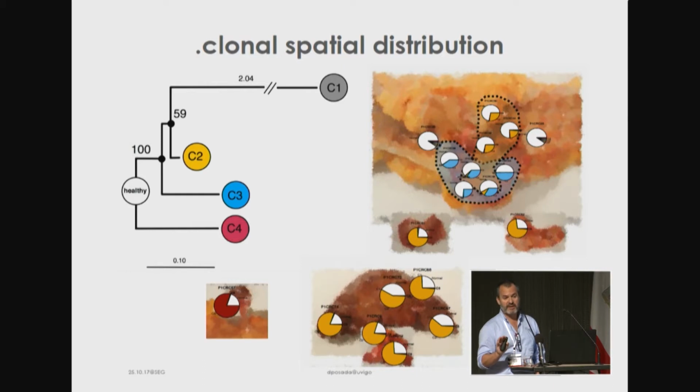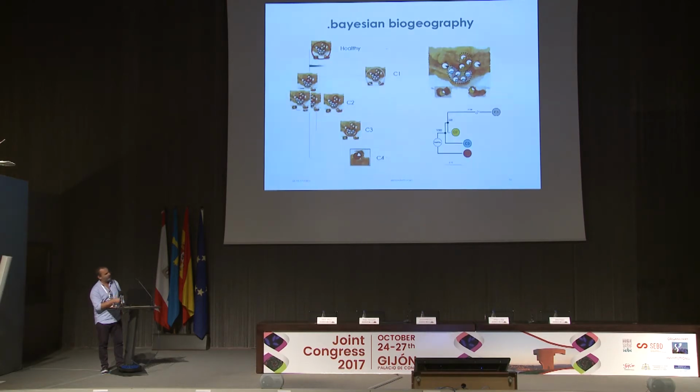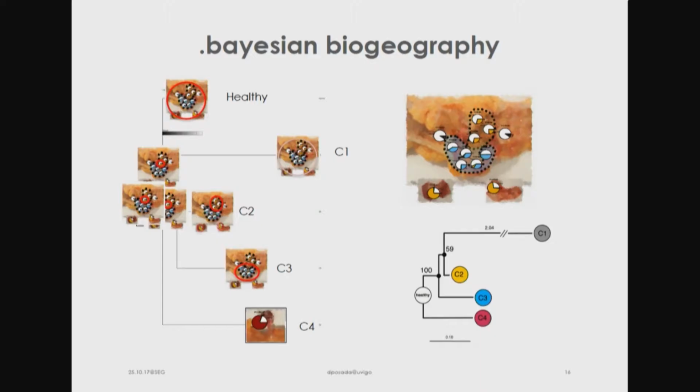That's the most parsimonious explanation, by eye, that this part of the tumor is the oldest one, that spread here and there. This is not totally clear, so what we try to do now is to use statistical methods, not just by eye. There is something called biogeography, and then statistical biogeography, and Bayesian methods where we can try to infer the ancestral geographical location in the tumor.